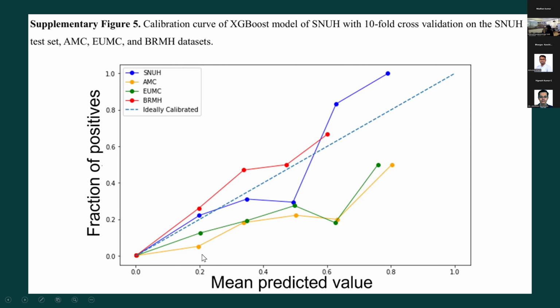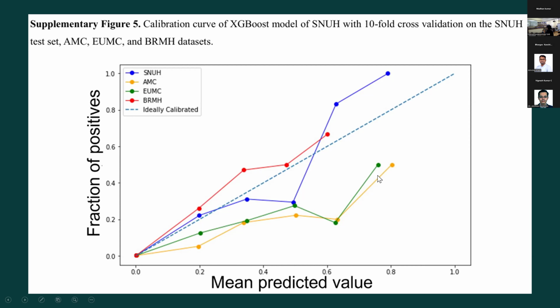When there is a lower frequency of outcomes, the model is actually predicting lower. As it increases, it is kind of overestimating here. For example, if the observed risk is around 0.5, we see it is giving something around 0.8. When there is 50% risk, it's actually increasing by 30%.